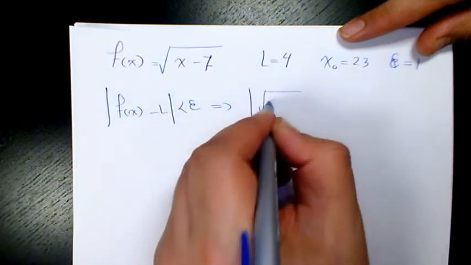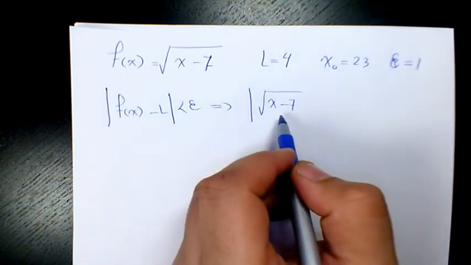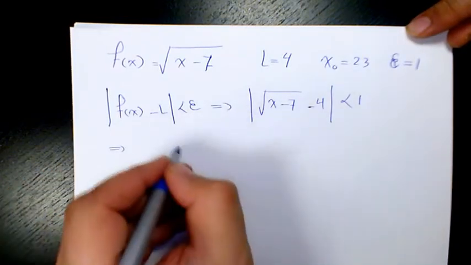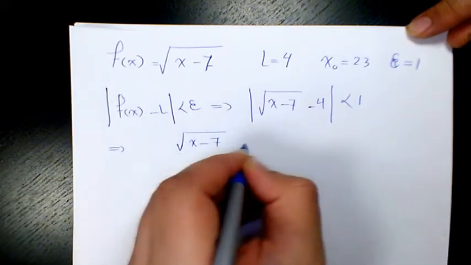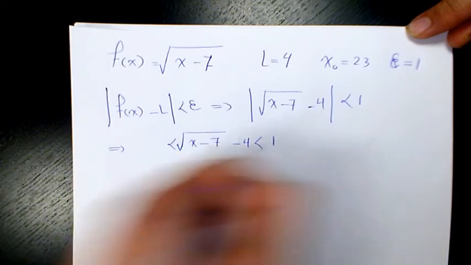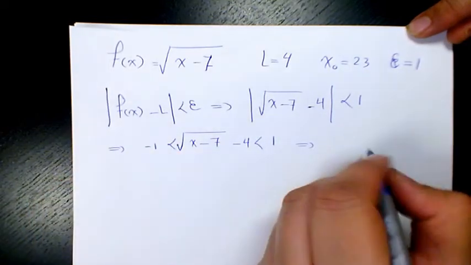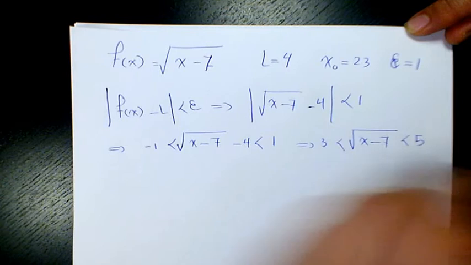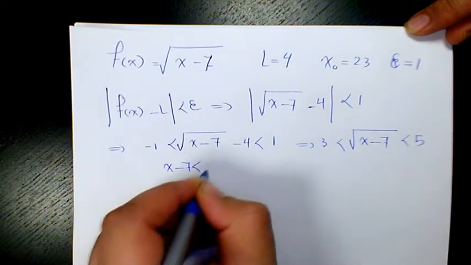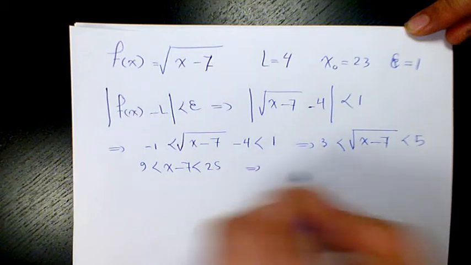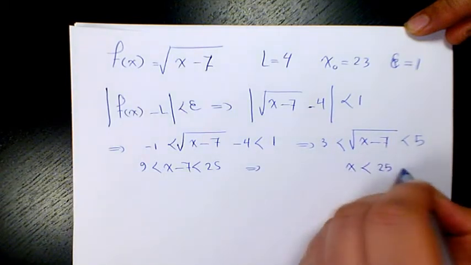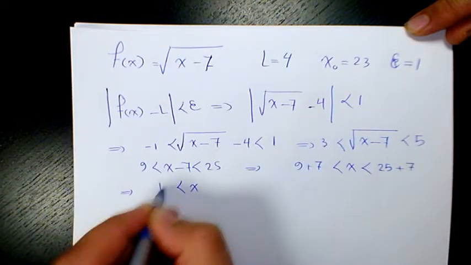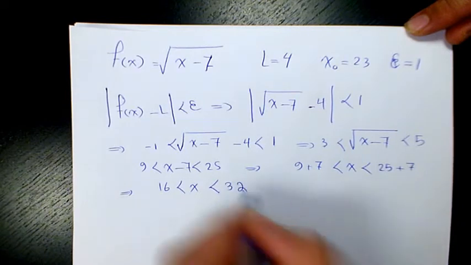F of x is the square root of x minus 7, minus 4, has to be less than 1, which means it has to be between 1 and negative 1. Then we add 4 to each side. That's going to be 5, and here is going to be 3. You need to square them. 25 plus 7, and here you have 9 plus 7, which makes it 32 on this side and 16 on this side.